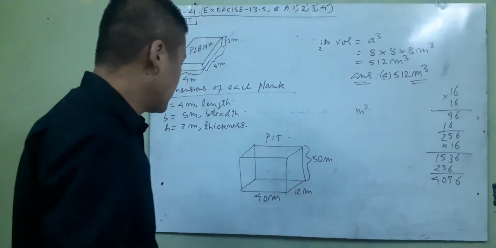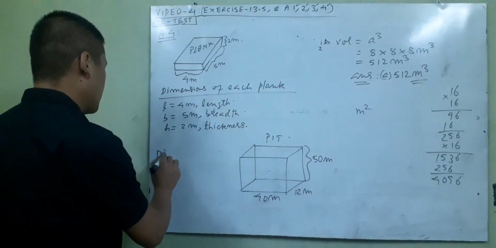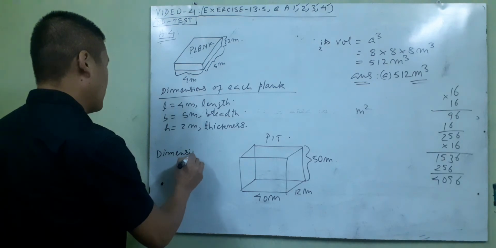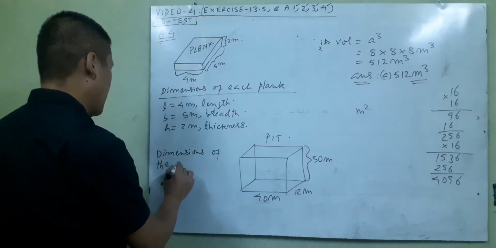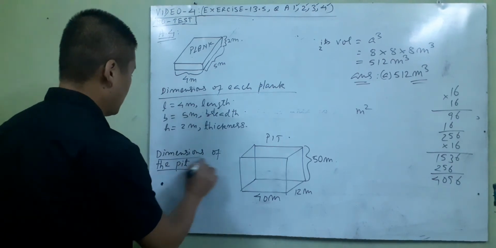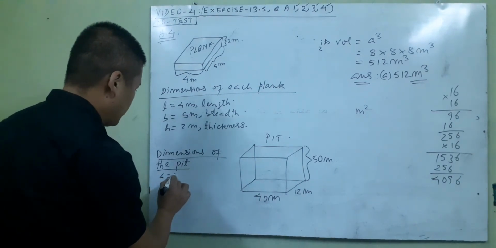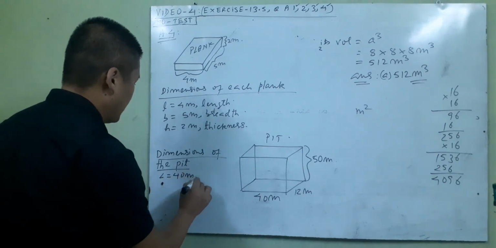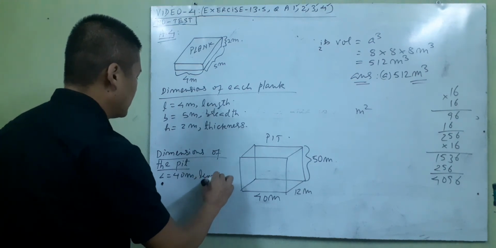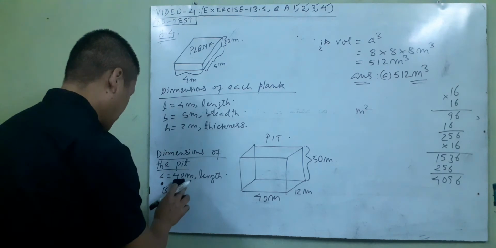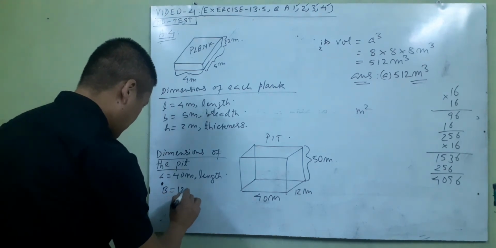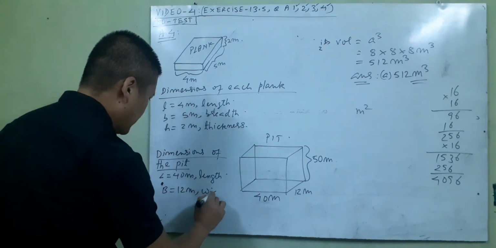So we write here dimensions of the pit. Capital L equal to 40 meter, the length of the pit. Capital B, let us say, is 12 meter, the width of the pit.